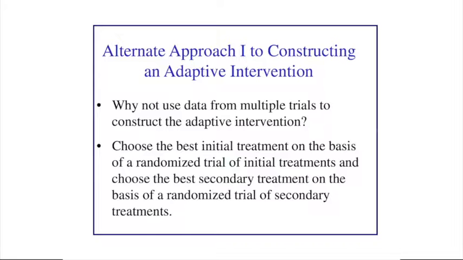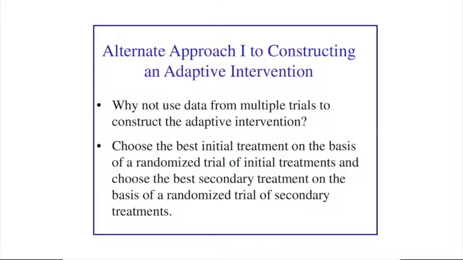When I first started in this area, what came to my mind was that for every critical decision, I'd run a separate trial. This was really attractive to me because across the clinical field, we've already run trials on initial treatments, often trials for non-responders, and relapse prevention trials for responders.